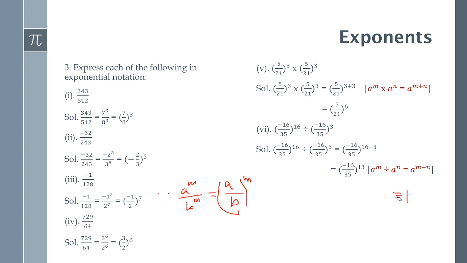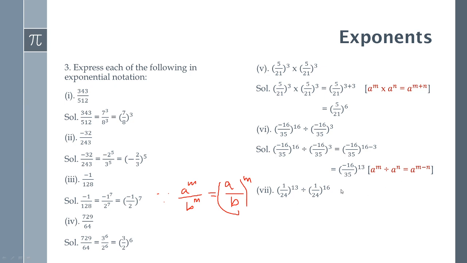So next one. 1 by 24 to the power of 13 divided by 1 by 24 to the power of 16. See here, when you compare the m value and n value, if m is greater, this is the formula.